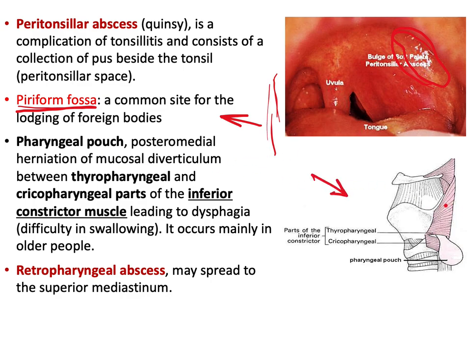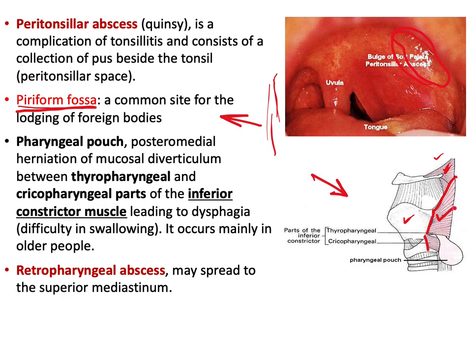Pharyngeal pouch: we talked about the superior, middle and inferior constrictor muscles, and we mentioned that the inferior constrictor muscle has 2 parts, one attached to the thyroid cartilage, you see here, and one attached to the cricoid cartilage.